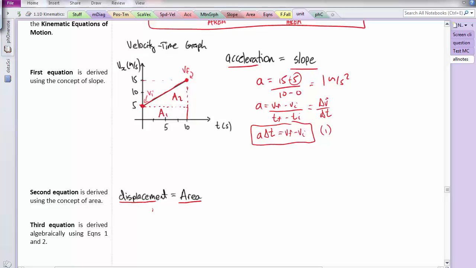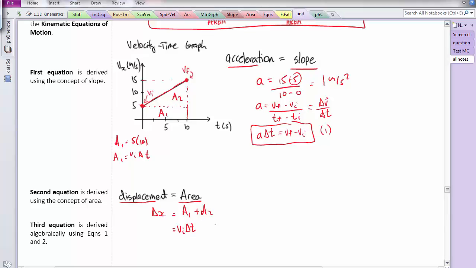The total displacement under that curve will be area 1 plus area 2. Area 1 is equal to the height, which is 5, times the width, which is 10. In letters, the 5 is the V initial, and the 10 is the delta time, so area 1 is just V initial times delta T.